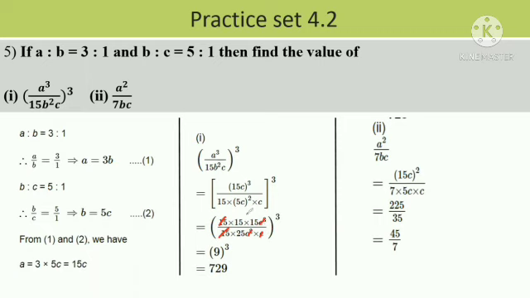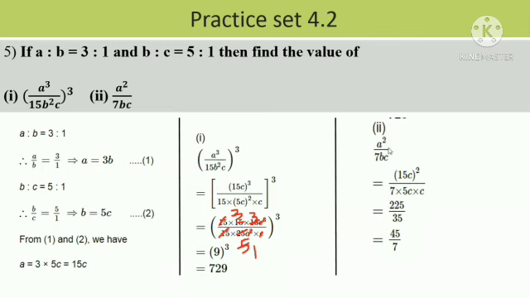Now 25 and 15 into 15 is there, so 5 fives are 25 and 5 threes are 15. Similarly, again 5 ones are 5 and 5 threes are 15. So in the numerator 3 into 3 is there only, so 3 threes are 9 and raised to 3, so 9 cube, therefore it is 729.